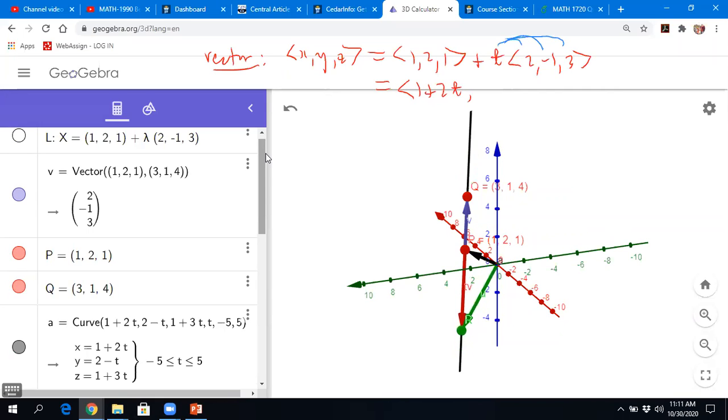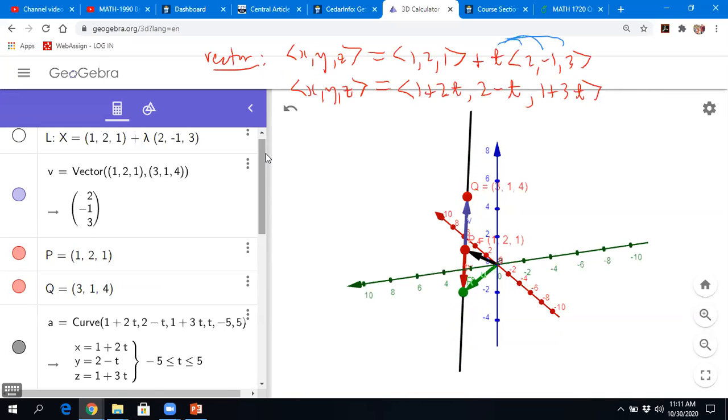What would it be in the Y coordinate? 2 minus T, comma. And what about in the third coordinate? 1 plus 3T. Okay, so you can see X, Y, Z is equal to this.